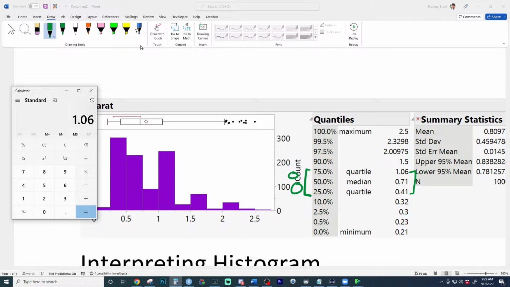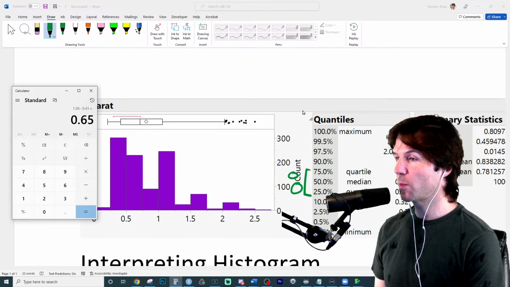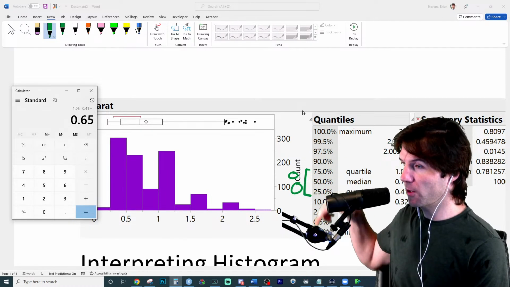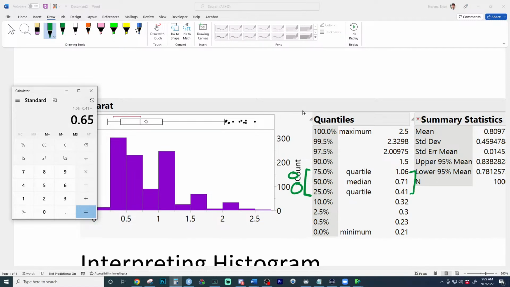So 1.06 minus 0.41, and the interquartile range is 0.65. So this tells us the spread of the middle 50% of carats is 0.65 carats. I'll repeat that again. The spread, which is the range of the middle 50% of carats, is 0.65.